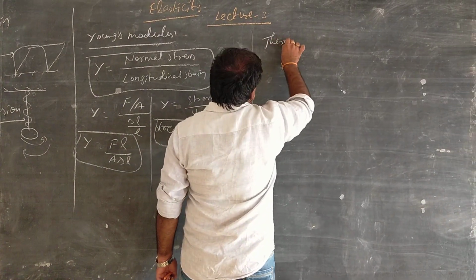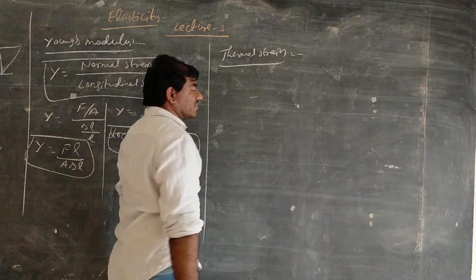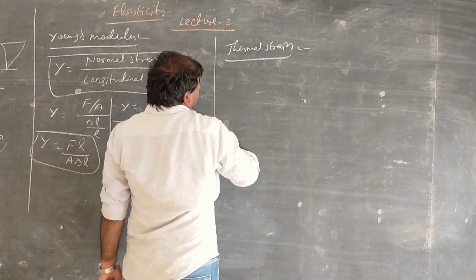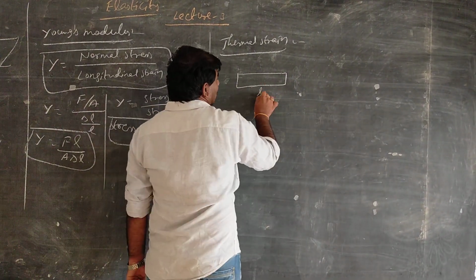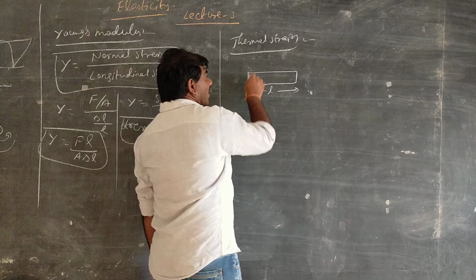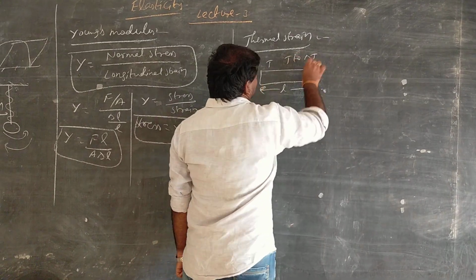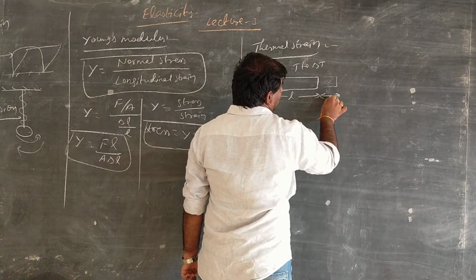Next topic, we discuss thermal strain. What is meant by thermal strain? See, for example, if there is a rod of length L at temperature T, I am heating it. Now the temperature changes from T to T plus delta T. What happens now? It is going to expand, right?